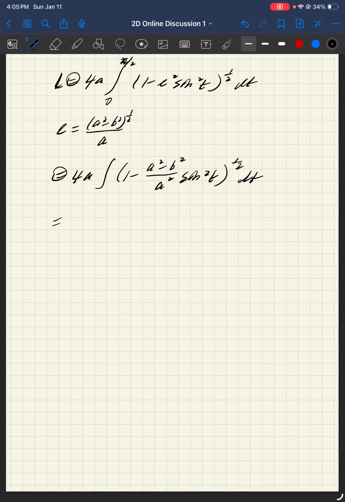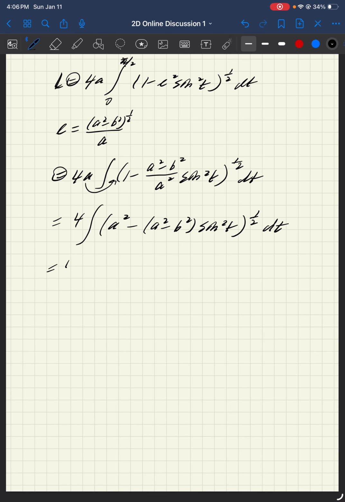So what I can do now is pull this a inside, right? Because the integral is linear, I can pull any constant inside or outside. So this is 4 times, and if I pull it inside, I also pull it inside the square root at the cost of squaring it as well. So this is going to be a squared minus (a squared minus b squared) sine squared t, all to the 1/2, dt.